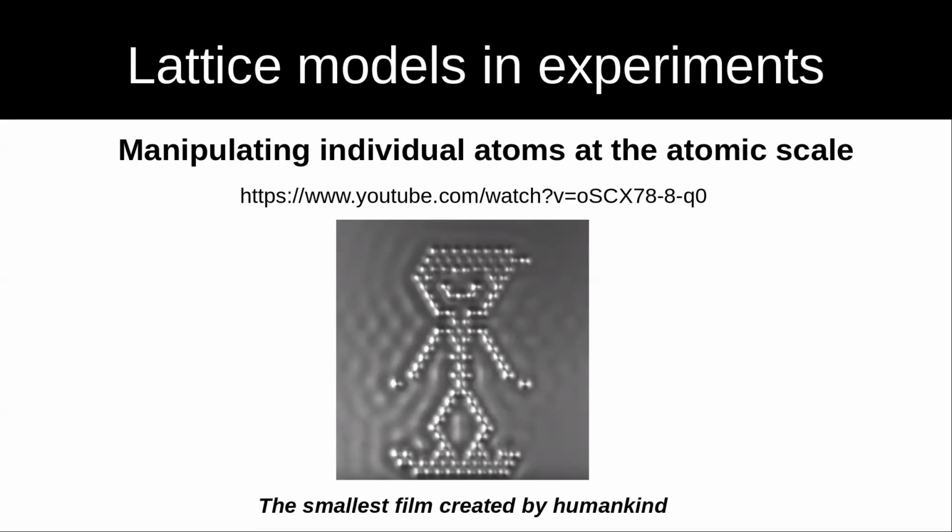So every single dot that you see in that image is an actual individual atom. And you can see a very beautiful story of a kid playing with his atom. And this is actually the smallest film ever created by humankind. So these models using a few sites, they can actually be realized experimentally, and they will be relevant later on during the course.